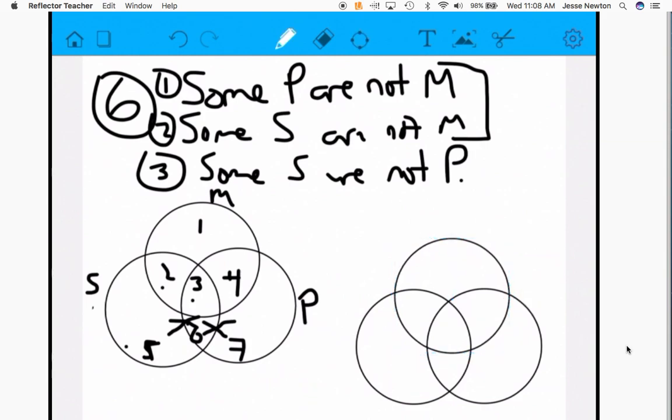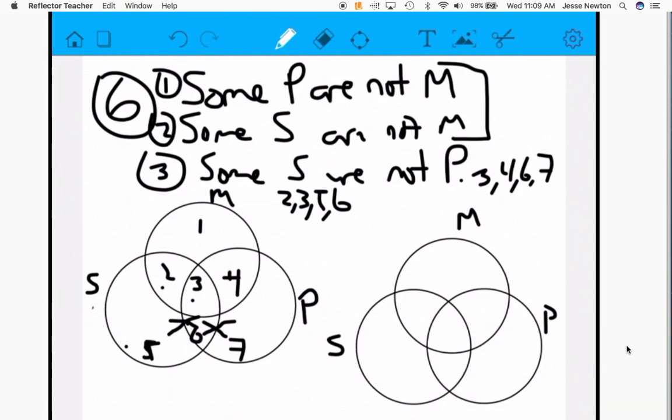And then we're going to do S, P, M. Still don't have enough room to work with, but that's all right. So region S, we're going to work with here is 2, 3, 5, and 6. And P is going to be 3, 4, 6, and 7.